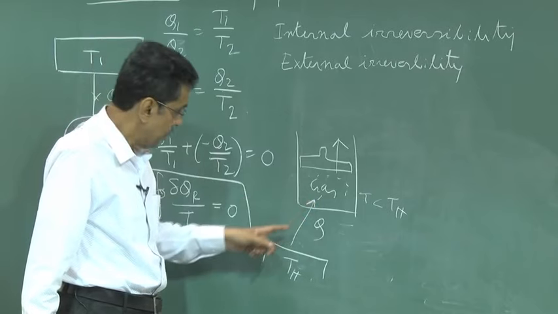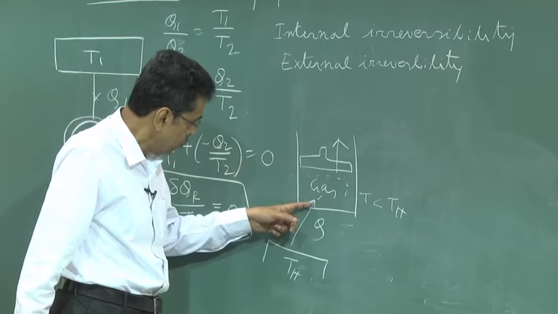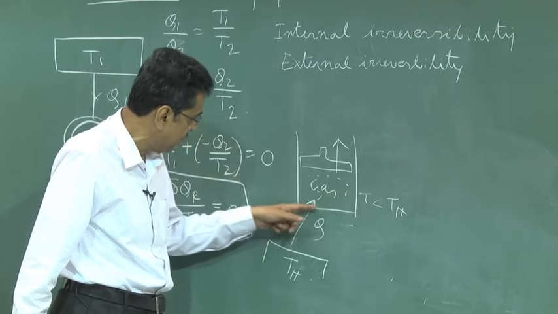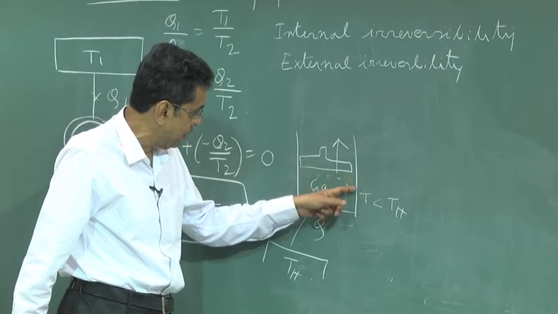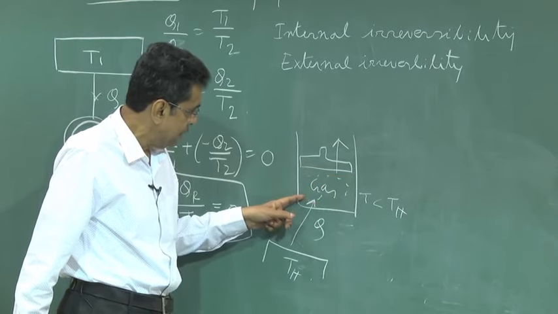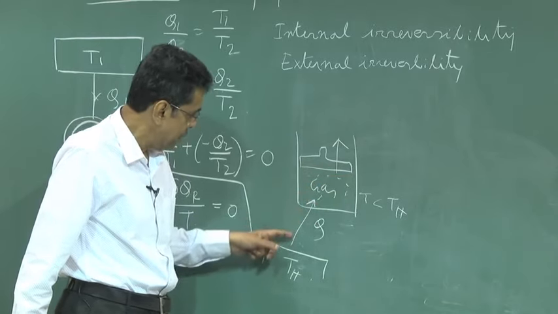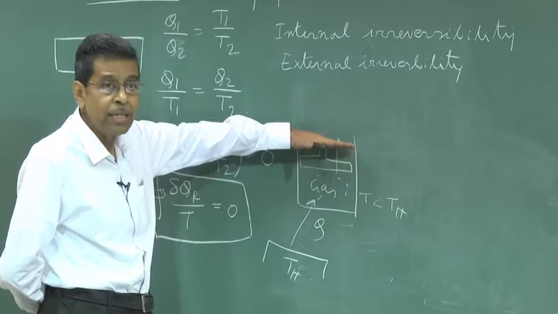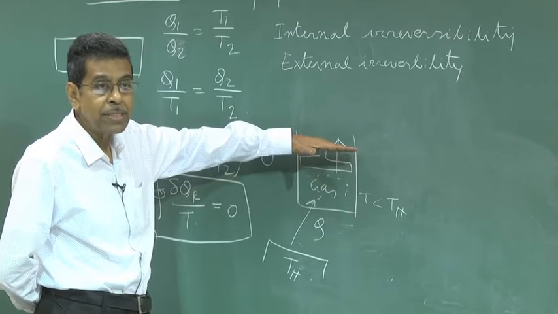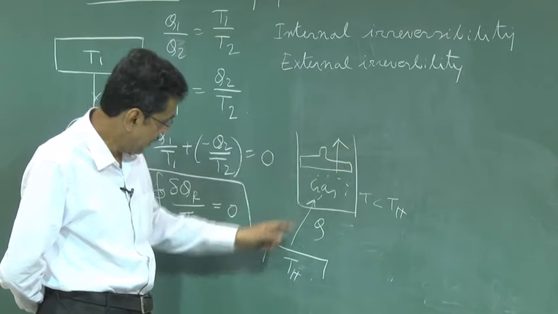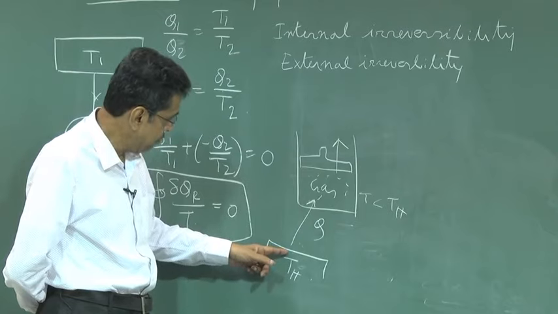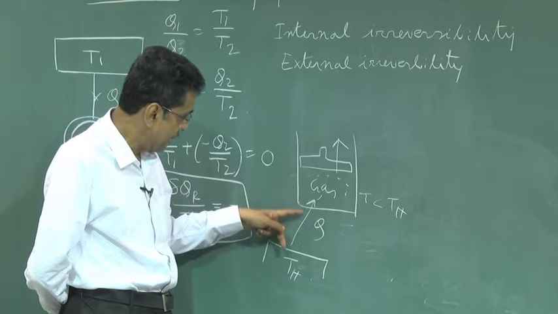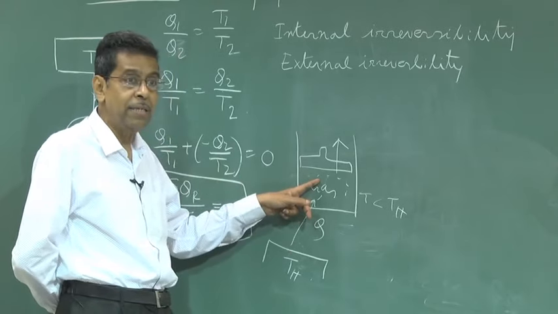You understand? So you see this heat transfer between TH and the system boundary, the system temperature, if it passes through equilibrium states, is finite, because of which heat is transferred. Now consider a process that is infinitely slow, free from any internal irreversibility, no friction, nothing. But the heat is transferred from a high temperature source to the gas where there is a finite temperature difference. The process has external irreversibility but is internally reversible.